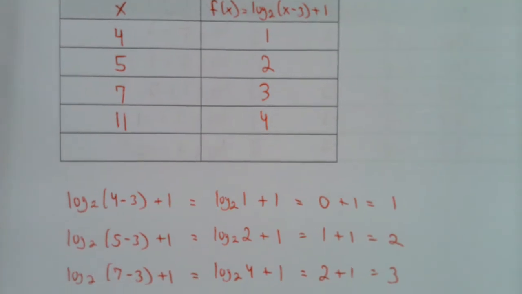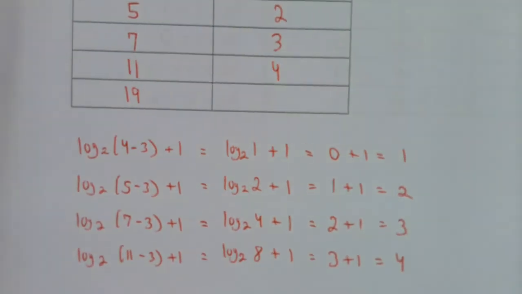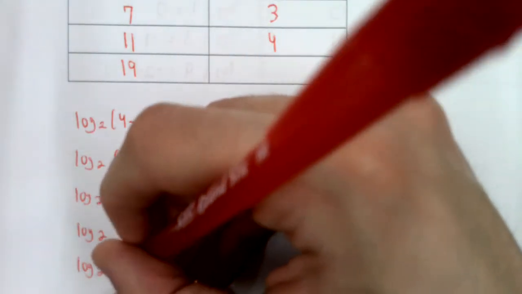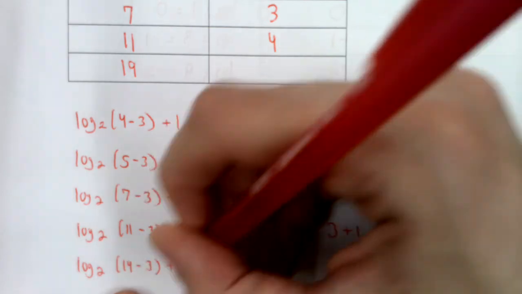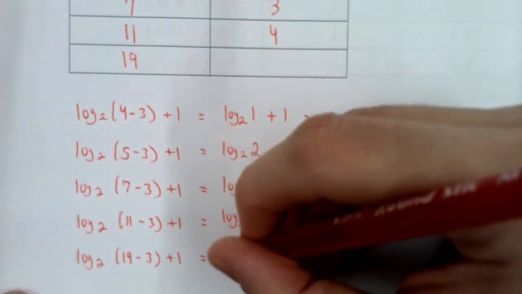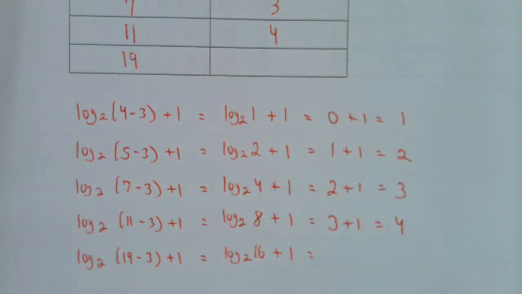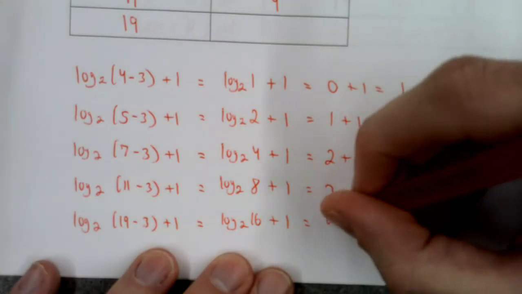And I'll do one more. It's not going to fit on the graph, but the next easy one would be 19, because log base 2 of (19 minus 3) gives me log base 2 of 16, which is easy to do. So that's 4 plus 1 is 5.